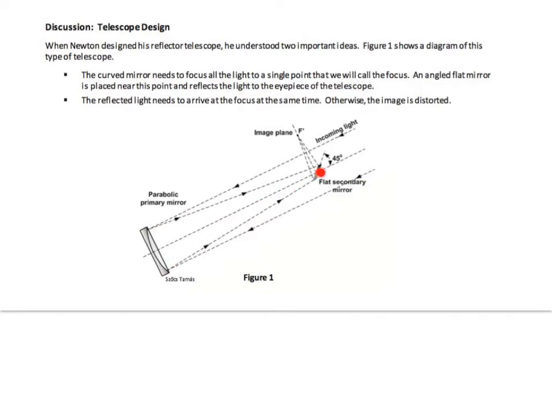All the light comes down and hits a single point we call the focus. An angled flat mirror is placed near this point and reflects the light to the eyepiece of the telescope. The reflected light needs to arrive at the focus at the same time, otherwise the image is distorted.